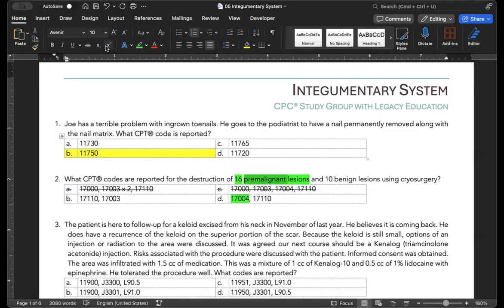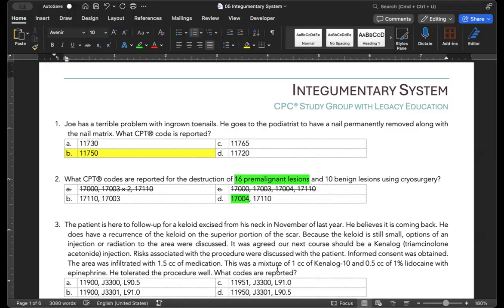Now, if your eyes don't tell you that you need to go to 17004 because it's on a totally different page and you have to flip it, I have in my book written underneath 17003, if 15 or more, see 17004.